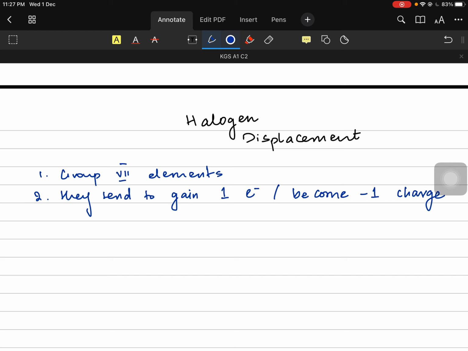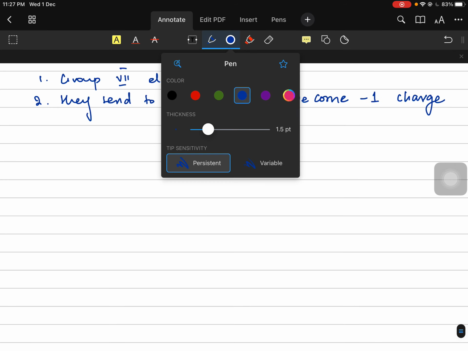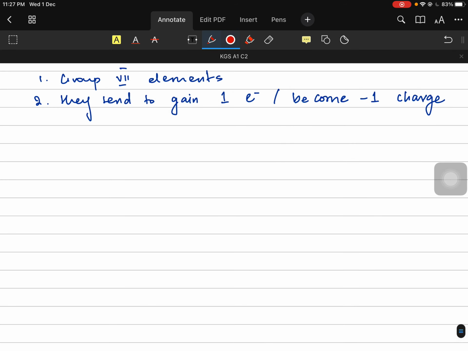So what happens is that these are the 4 halogens that we should be worried about: fluorine, chlorine, bromine, and iodine. The 5th one is obviously astatine, but we don't have to worry about it because it seldom comes in the exam. All of these halogens tend to gain electrons. They want to make compounds by reacting with the metals, and they want to make negative charges.